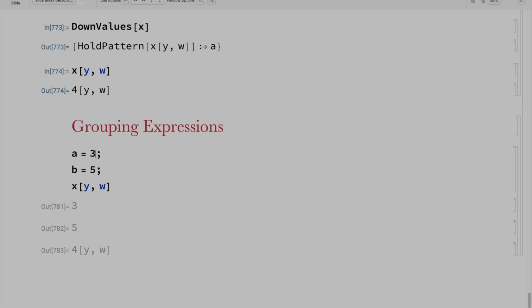When there's a semicolon at the end, this suppresses the output of the evaluation on the first line and the second line, and then on the third line, let's say I put a semicolon and I press shift enter, nothing shows up. But if I delete the semicolon and press shift enter, I get only the final result.